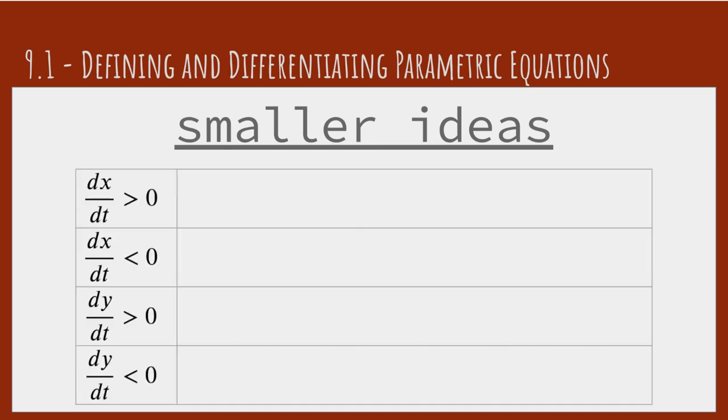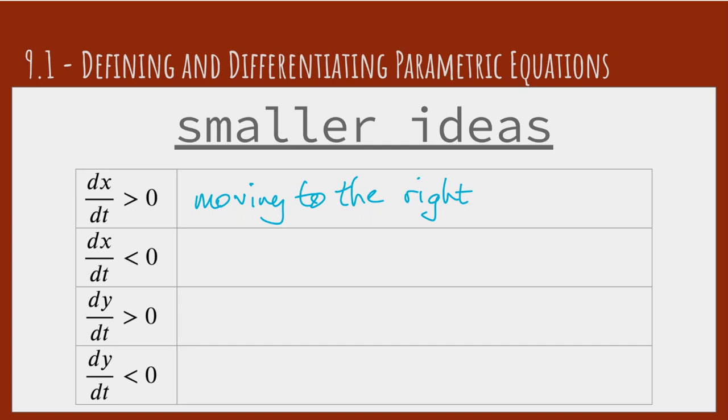So if we break that down here, for example, if dx/dt is positive, that means that the rate of change of x with respect to time is greater than 0. So that means that x is increasing. So if x is increasing, that would mean that we have motion to the right, because if x is getting bigger, values on the x-axis are to the right.